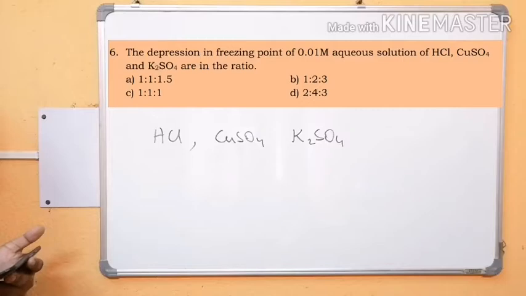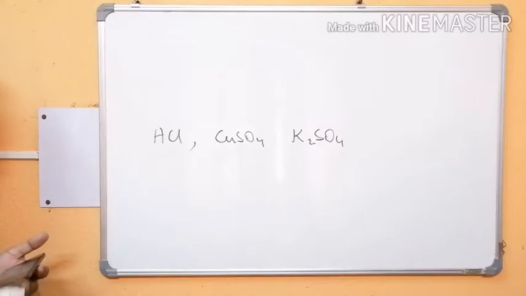So you can see it is similar to the previous question, and I hope you can do this yourself. So do it yourself and send the answer in the comment section, and then I will discuss again in the next video if required, because I know you will be able to do it. So let's move to the next one.